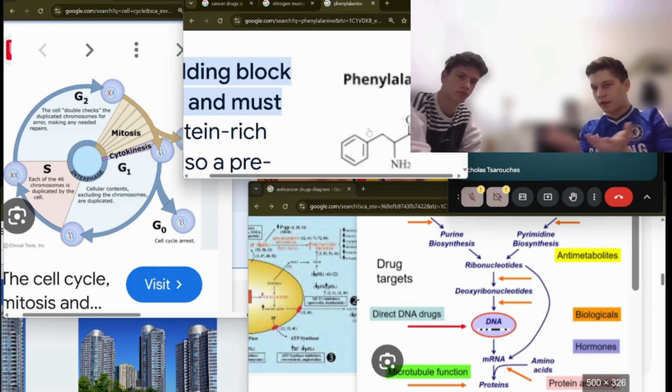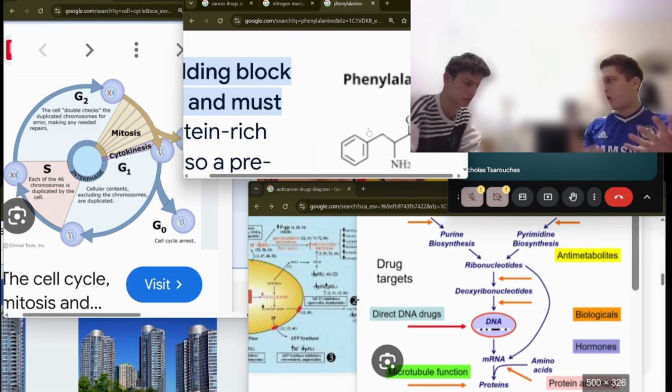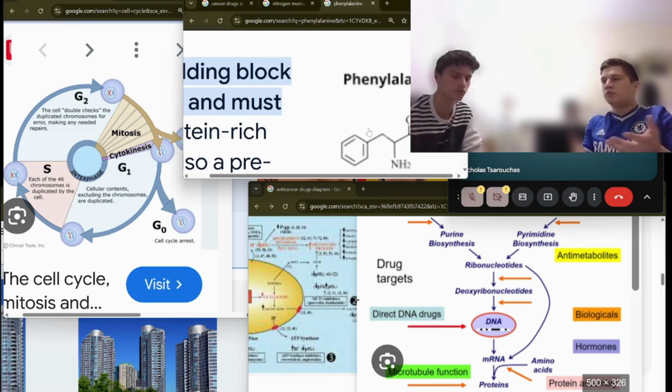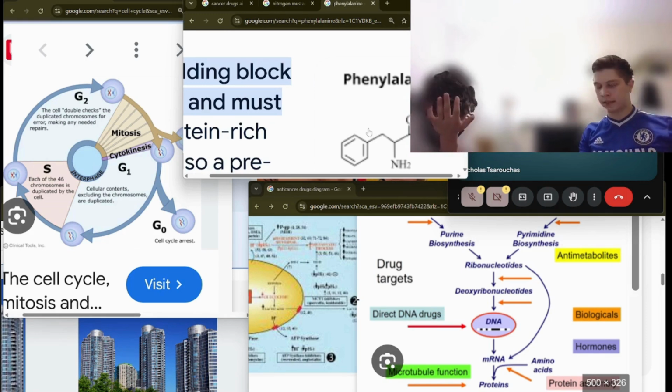So what you have are very flat molecules that start intercalating in between the base pairs of the DNA. And as you can assume, a lot of this is involved in altering the shape of the DNA, changing the sequence. So in that way, causing DNA damage.